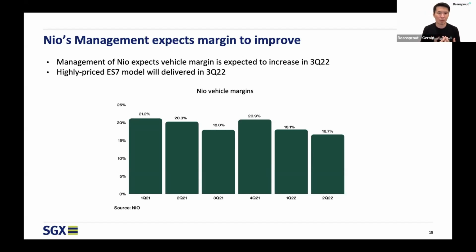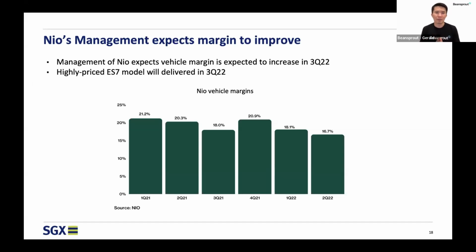So we talked about this model earlier. It is an SUV. So the SUV is larger in size. It is more highly priced. And with that, the management expect to be able to earn a higher margin. So that is why we track the new launches very closely, because that gives us an idea about how the margin trends of the different companies would perform as well.